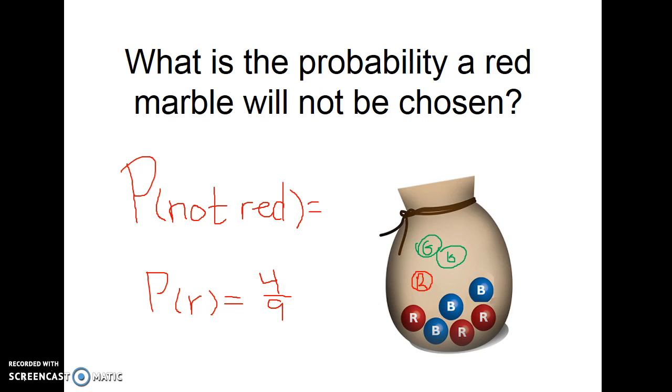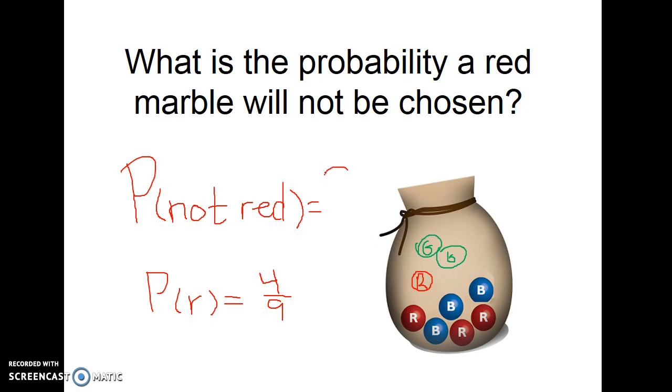So what I can do is take this probability and subtract the probability of getting red from 100%. In the bag, the probability of choosing a marble is 9 out of 9.